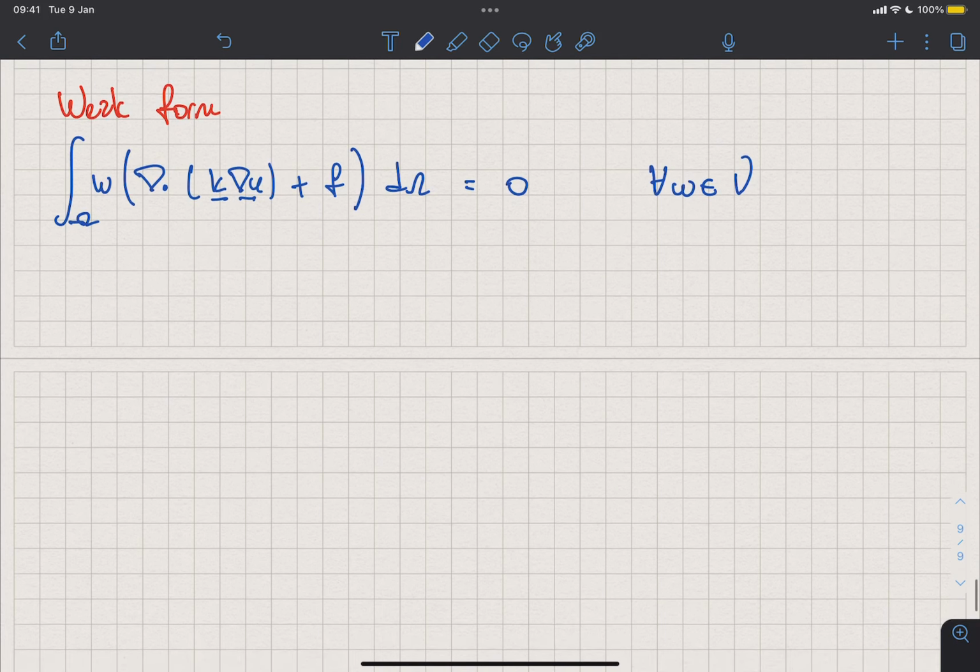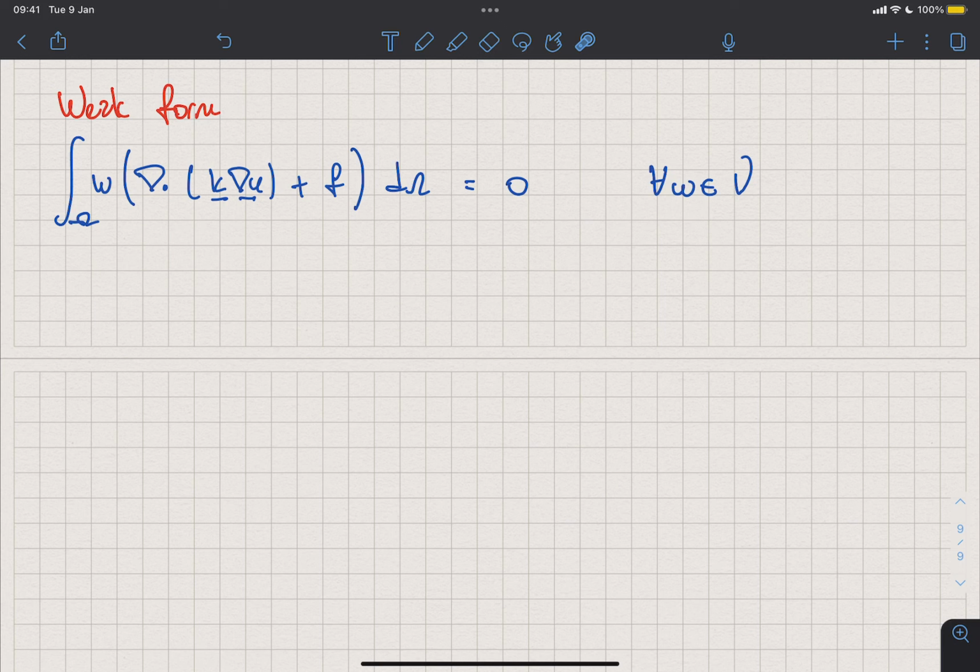Okay, and we do the same. We look at this term, and you can see that the divergence of K applied to grad U has in a way a second order derivative on the temperature field. So we would like to balance the derivative of that, and therefore we do integration by parts. We apply some identities here, which is essentially the same as doing integration by parts in higher dimensions.